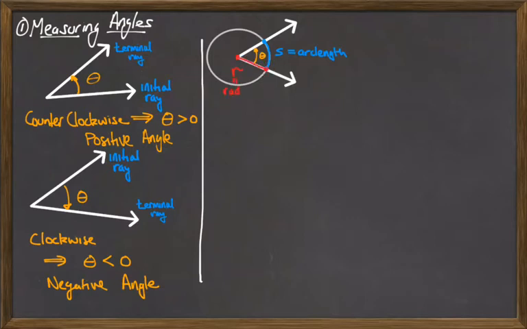And then you measure the radius of your circle, so we'll measure R to be the radius of the circle that we happen to be using to take this measurement. And in order to measure theta in radians, you take theta to be equal to the arc length S. That makes sense because if I increase the size of the angle, I'll increase the size of the arc length.